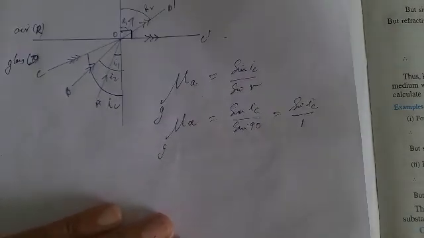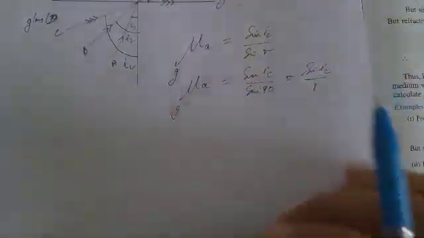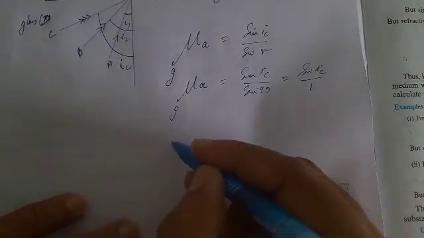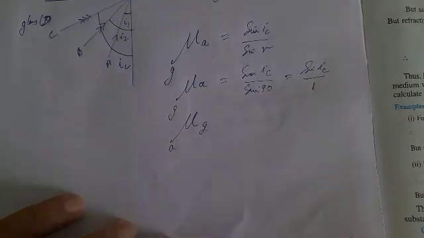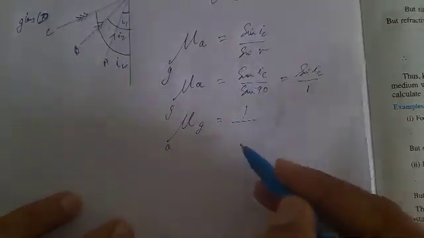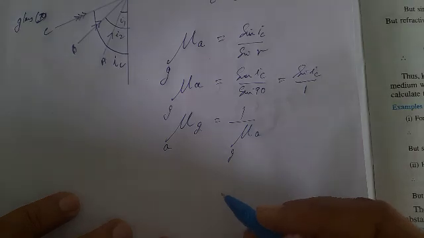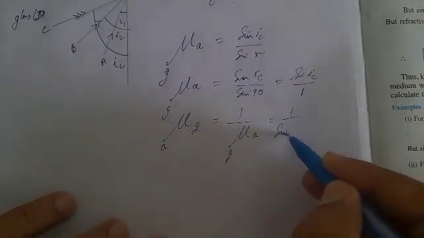Now we cannot work with this. We have to go to the absolute refractive index. So refractive index of glass with respect to air is 1 by refractive index of air with respect to glass, which is 1 by sin IC.